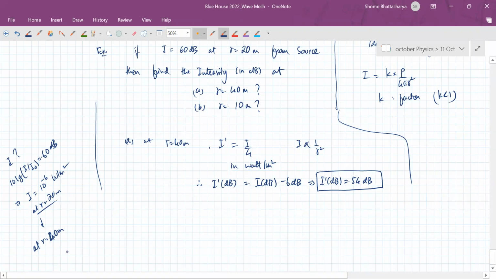Okay. So the intensity in this will become this divided by 4. So it will be 10 raised to -6 by 4, which is 2.5 into 10 raised to -7 watt per meter square. Then if you convert this now to decibel scale using this formula, you can show that it will become this much.